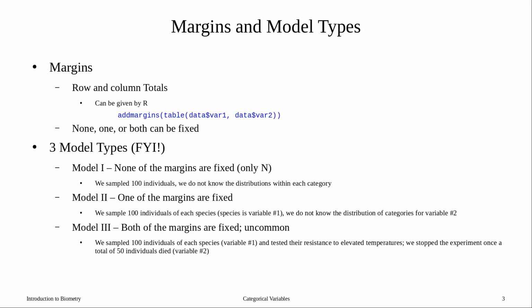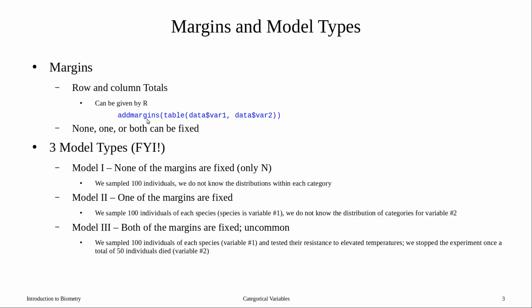Our data are in that table itself, but then we could have row totals, so we add up all of the columns across a row, and then we also have column totals. Those are the margins. If we want to view those totals, we use add margins to our table. And we can generate this table by giving any number of variables that we're interested in.